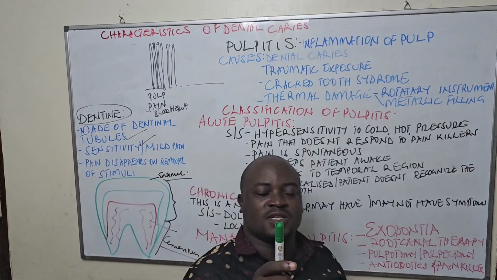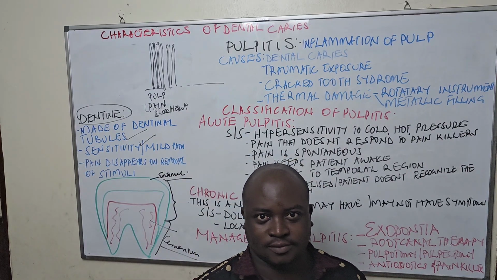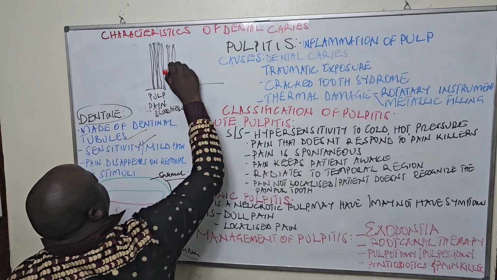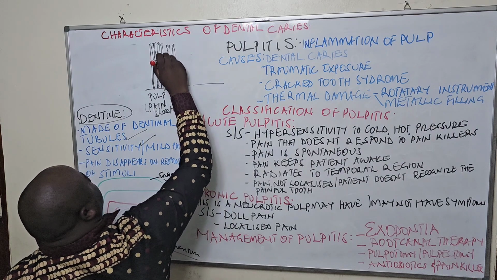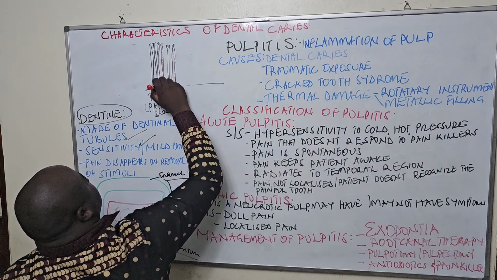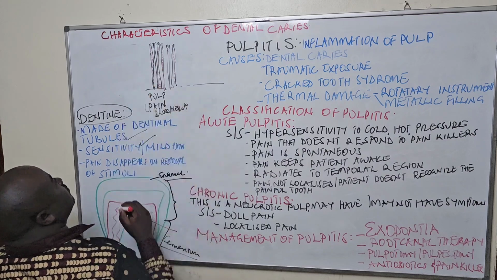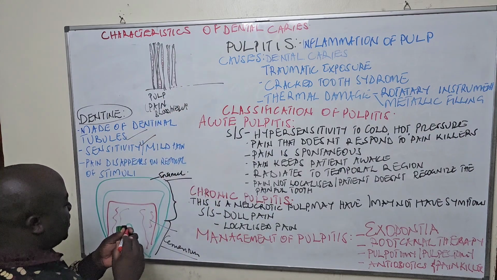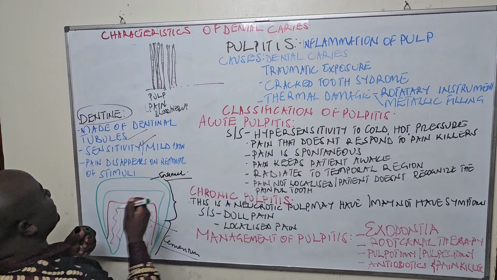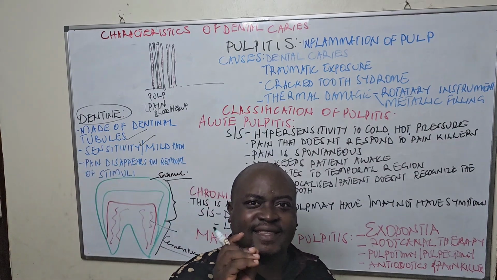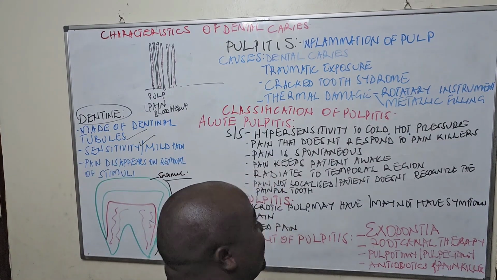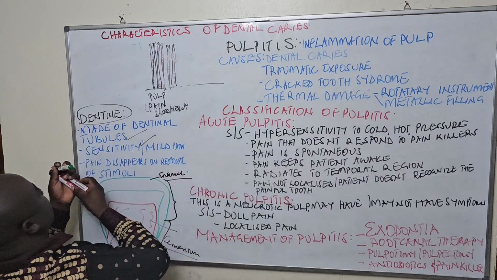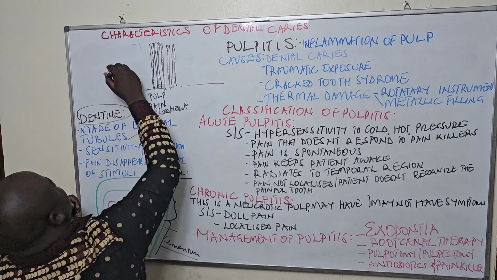remember, in these tubes, we have a fluid. So what happens is that in the case of anything, this is of course the dentin. This is the dentin.